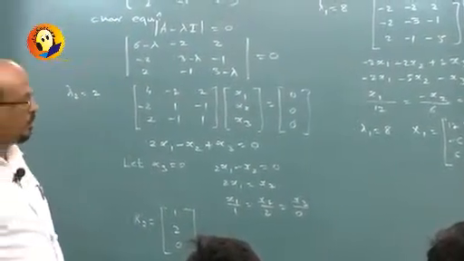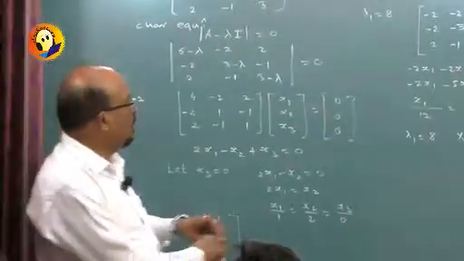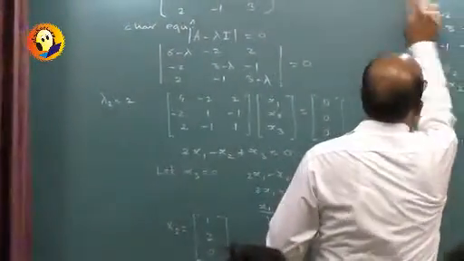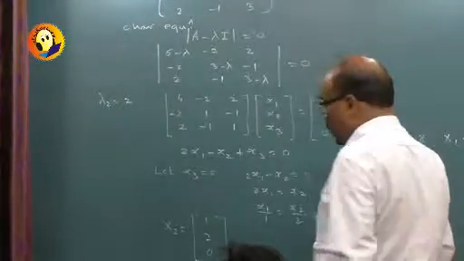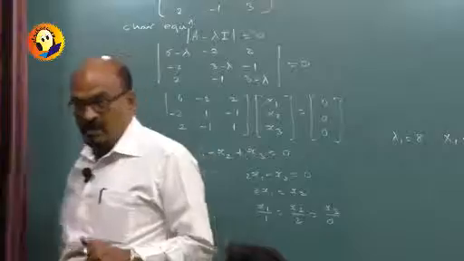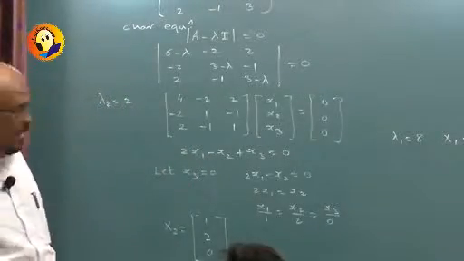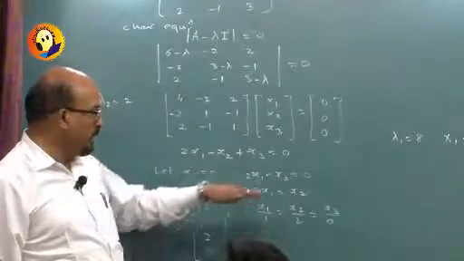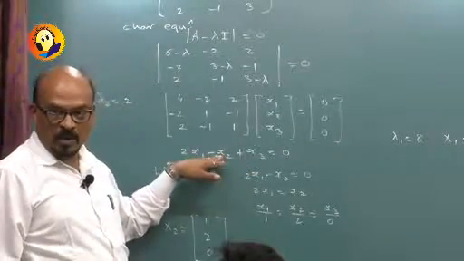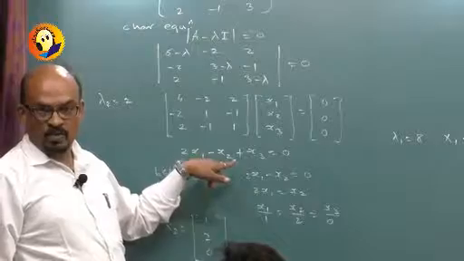Got this? I'm just repeating it. I said that till this point there is no difference. Previously we used to assume something else as 0 and find the other two values, right?